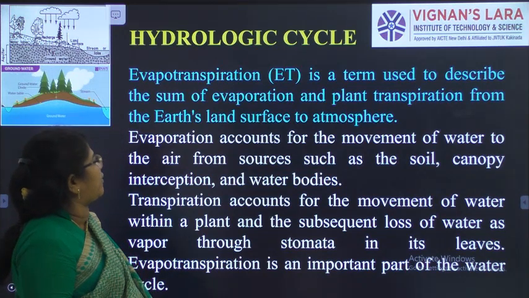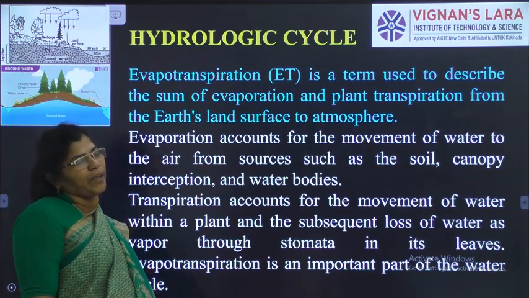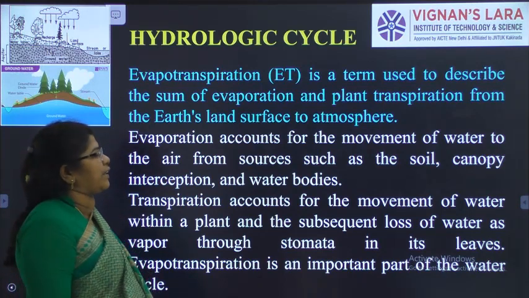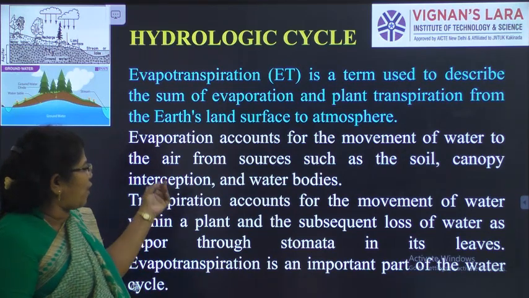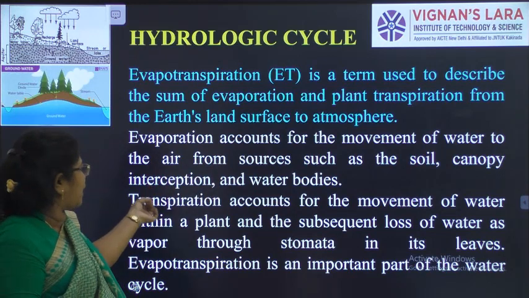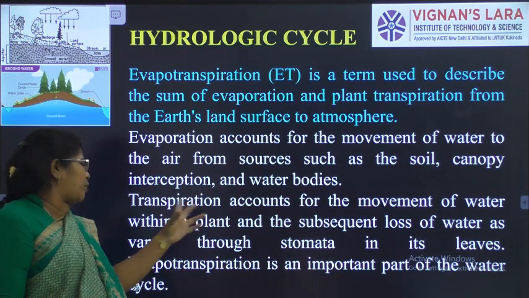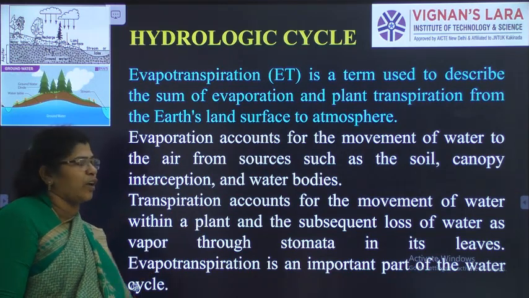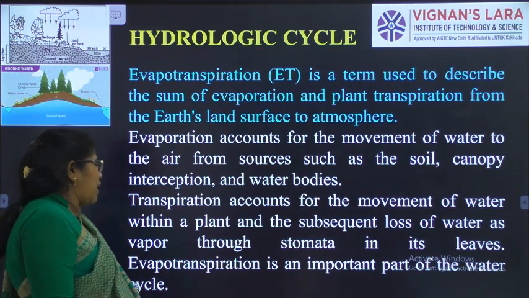I told you already, evapotranspiration is a term used to sum the evaporation from the ground and the water bodies, and the transpiration from the earth's land surface to the atmosphere. Therefore, evaporation occurs from the movement of water to the air from sources such as soil, canopy interception, and all water bodies. Transpiration occurs from the water within a plant and the subsequent loss of water as vapor through stomata in its leaf.